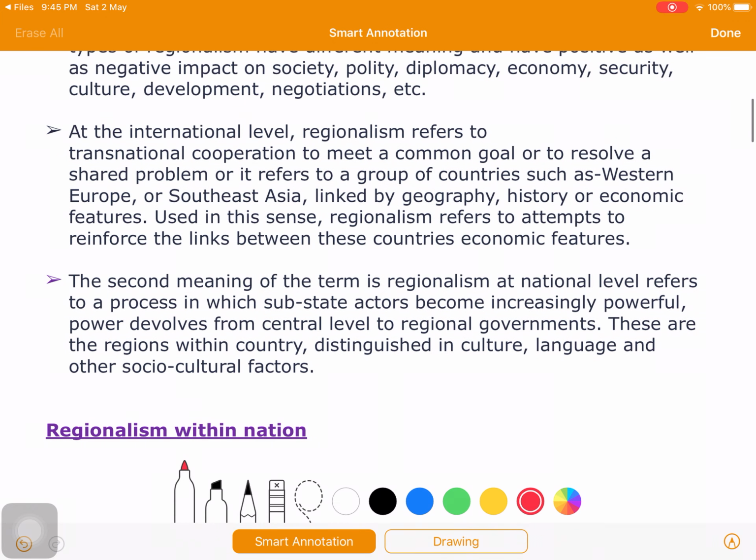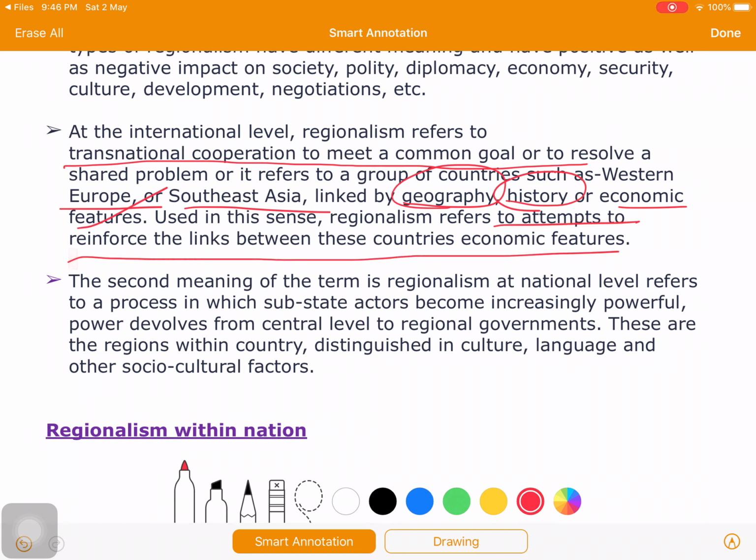At the international level, regionalism refers to transnational cooperation to meet a common goal or to resolve a shared problem, or it refers to a group of countries such as Western Europe, Southeast Asia, which are linked by geographical patterns, their history, their economic features, their cultural traditions, etc. In this sense, regionalism refers to attempts to reinforce the links between these countries and economic features.